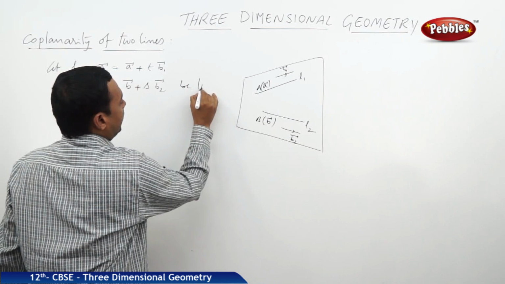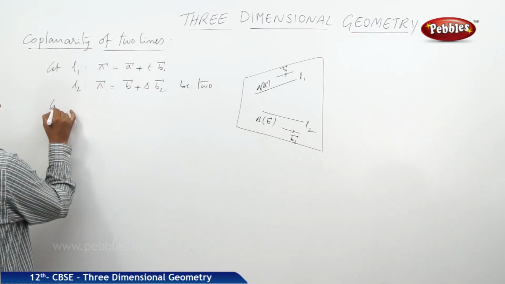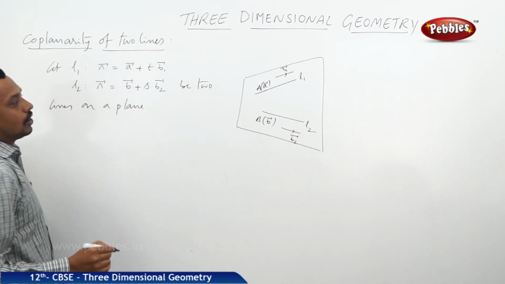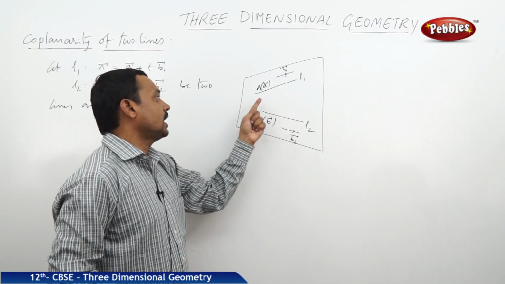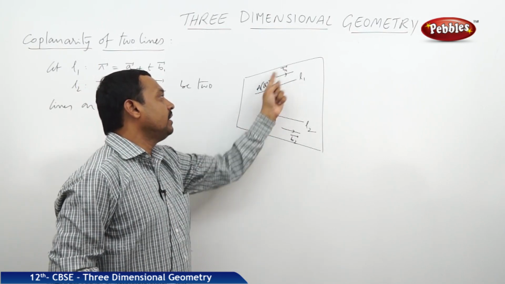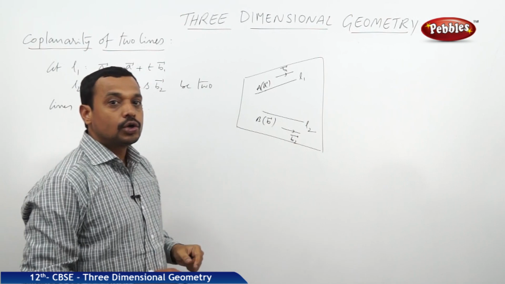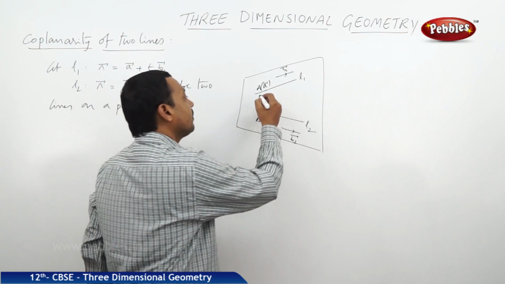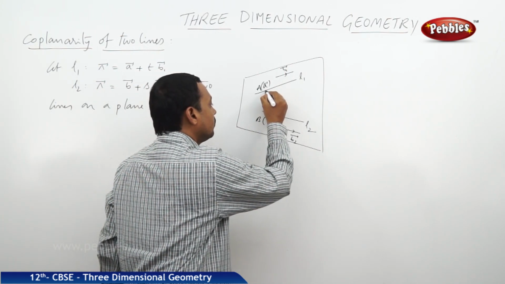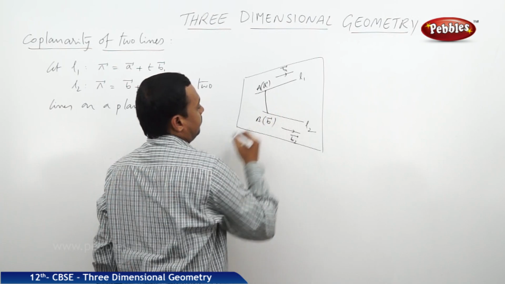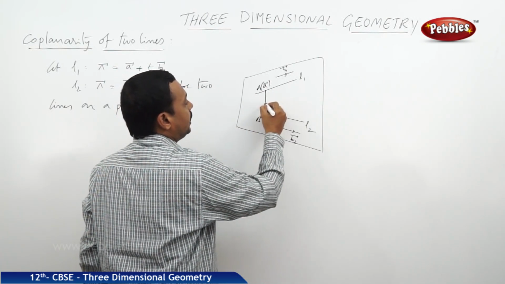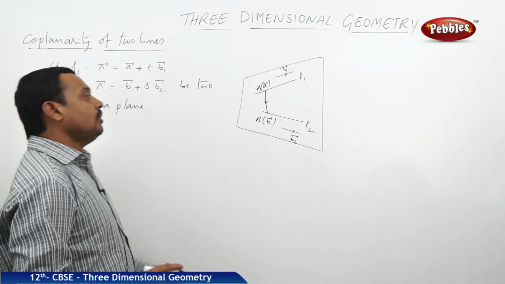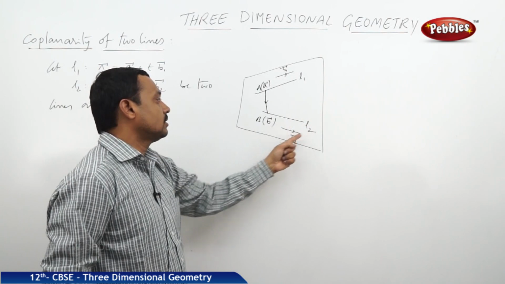Two lines on a plane. Now, from this diagram, see here b1 bar and b2 bar are two vectors on the same plane. And we can define a vector from A to B. See, here we have three vectors on the plane.